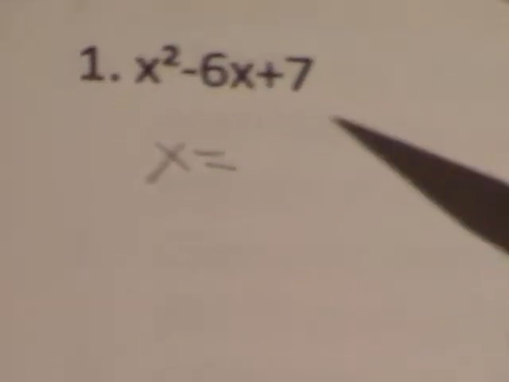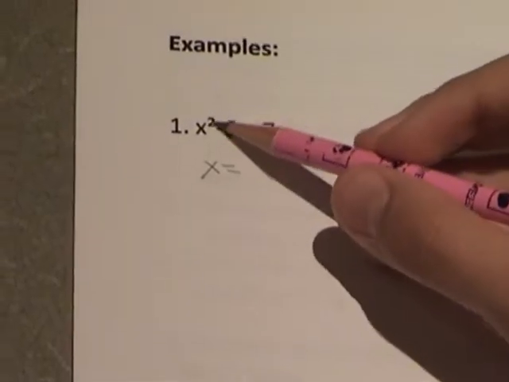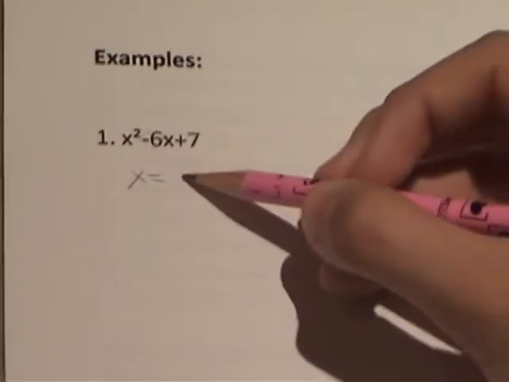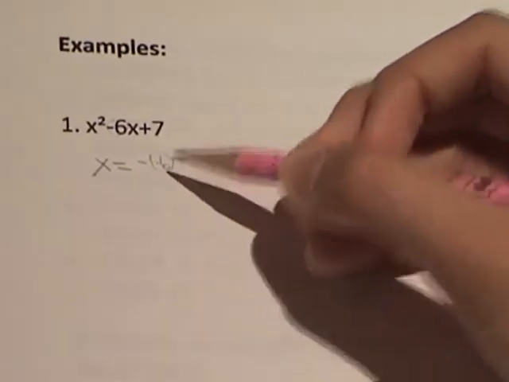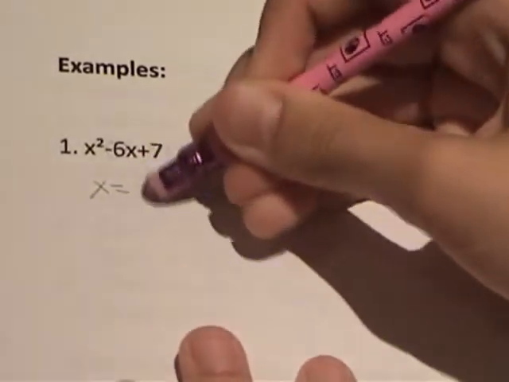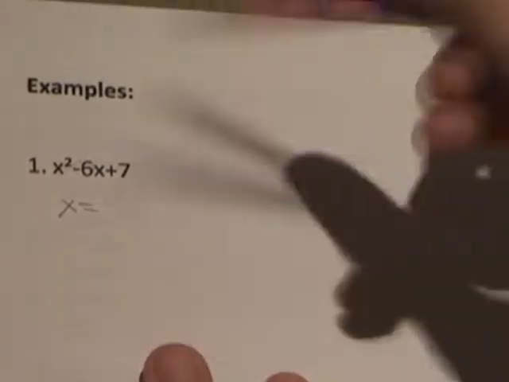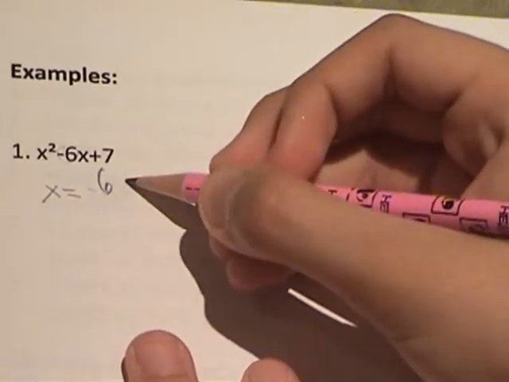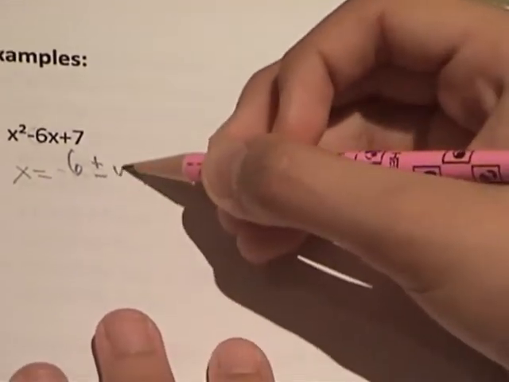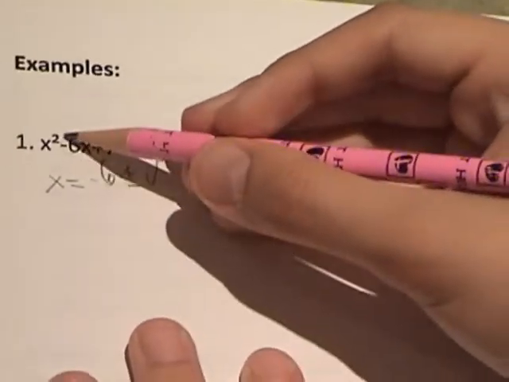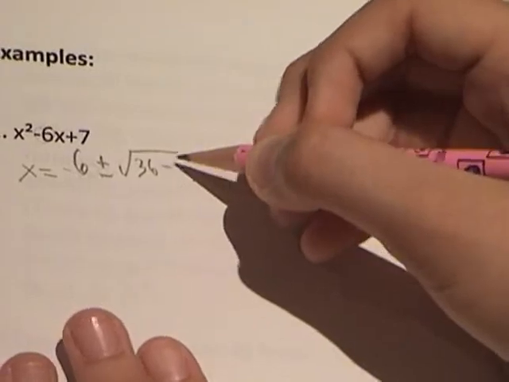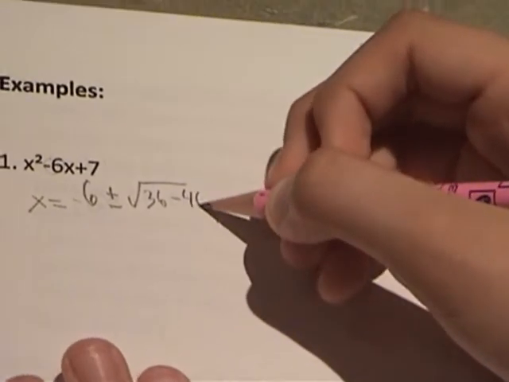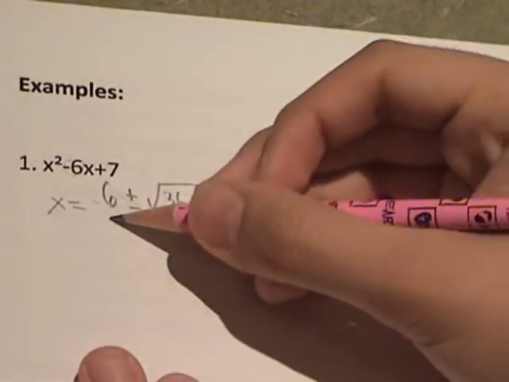x equals, our b term is negative, negative 6. Two negatives make a positive, so this will be 6, plus or minus the square root of negative 6 squared, which is 36, minus 4 times 7, all over 2.